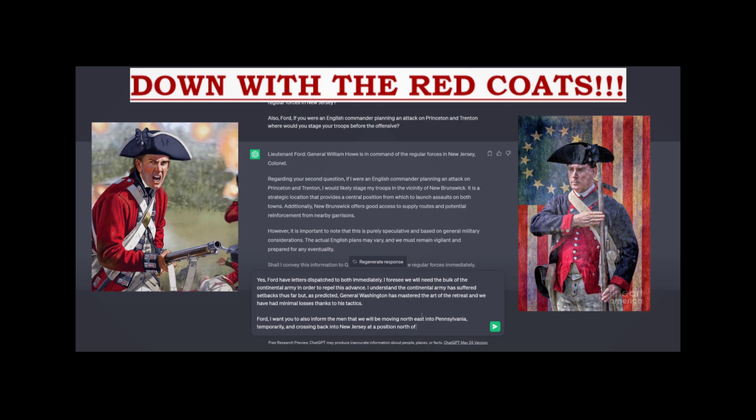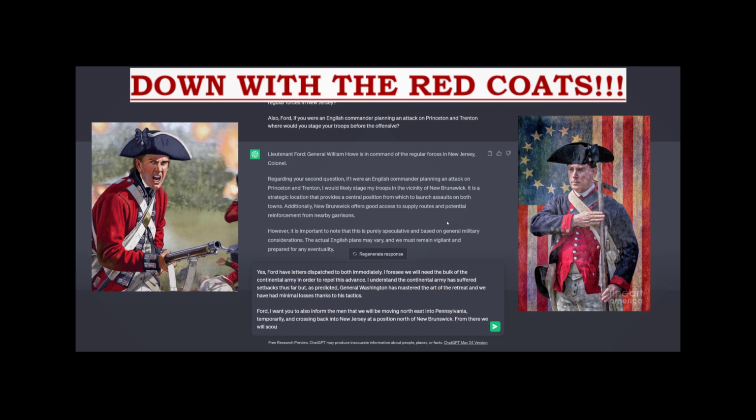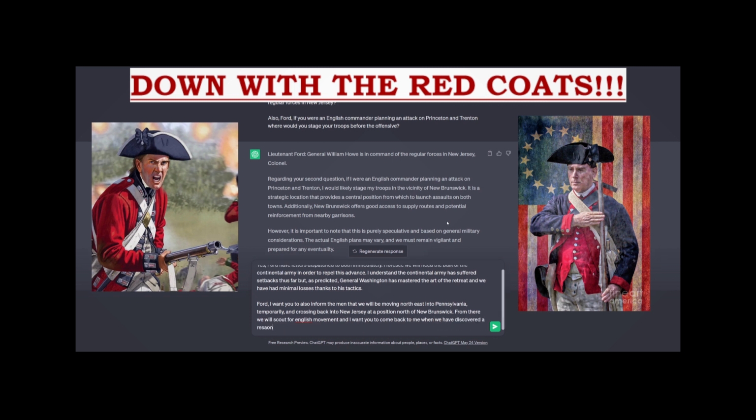From there, we will scout for English movements, and I want you to come back to me when we have discovered a reasonable pattern for their supply network there.